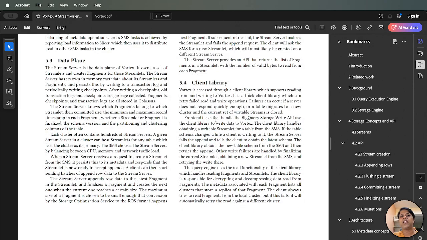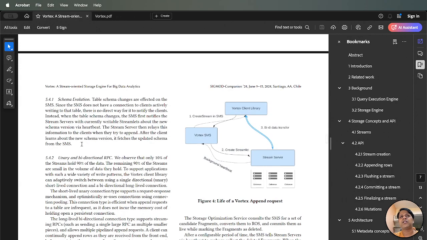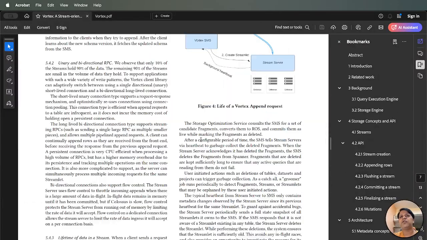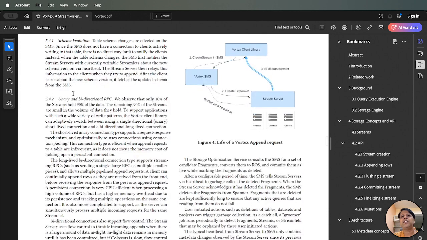The client library and API handle how it happens. There are multiple features to it: schema evaluation, unary, and bidirectional RPC. There is some significance to unary versus bidirectional.